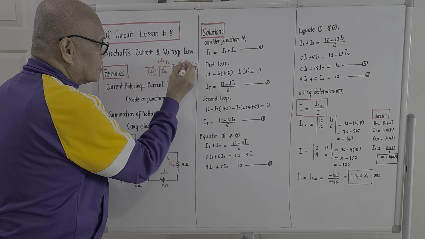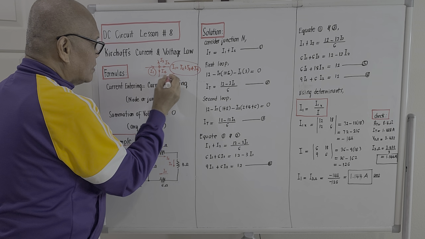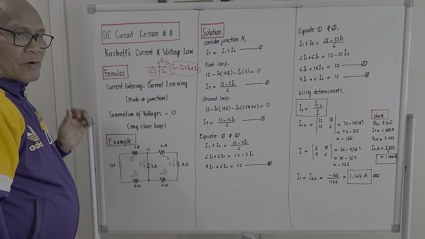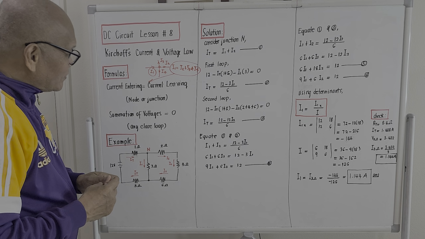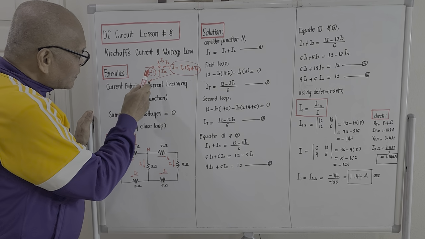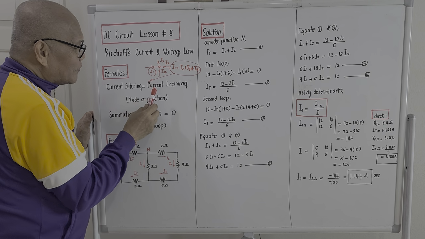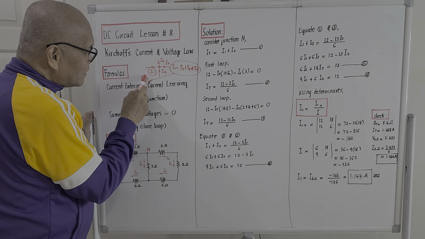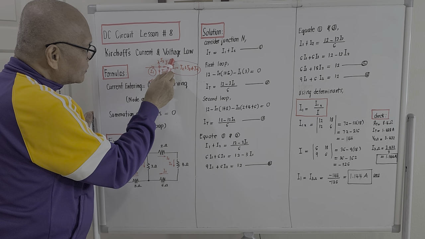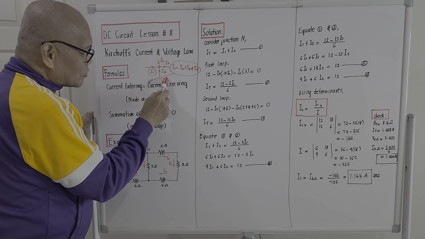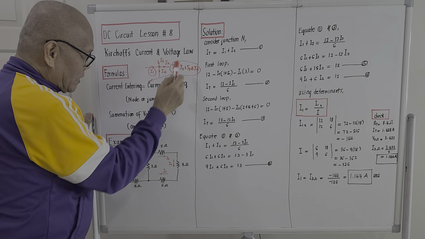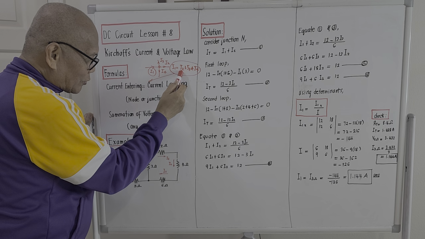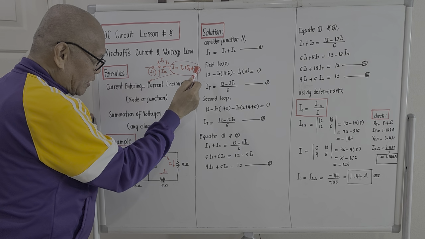That's the meaning of this. It's very easy to understand, right? At any junction, current entering should be equal to the current leaving. The current entering is I1. The current leaving is I2, I3, and I4. So if we try to bring out Kirchhoff's current law, I1 should be equal to I2 plus I3 plus I4.